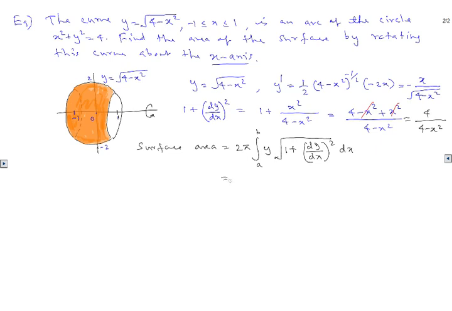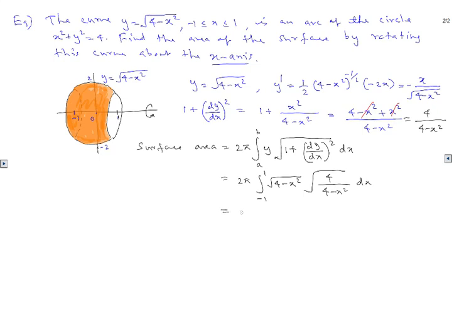Now let's plug in. We have 2 pi, the integral from -1 to 1, y is the square root of 4 minus x squared, times the square root of 1 plus dy over dx squared, which is the square root of 4 over 4 minus x squared, dx.